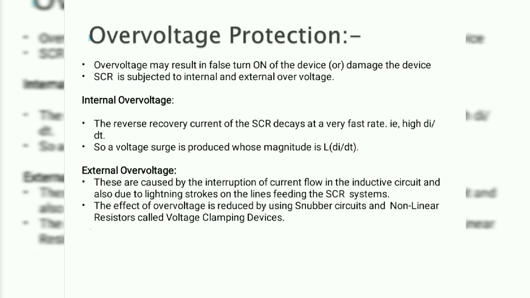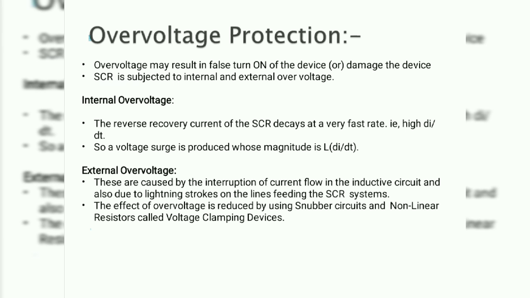Next there is over voltage protection. Over voltage may result in false turn on of the SCR, and it may cause damage to the device. The SCR is subjected to internal and external over voltages.